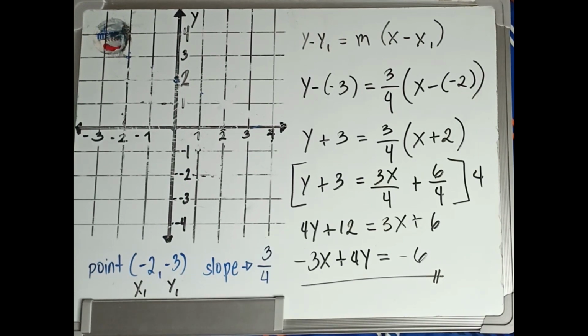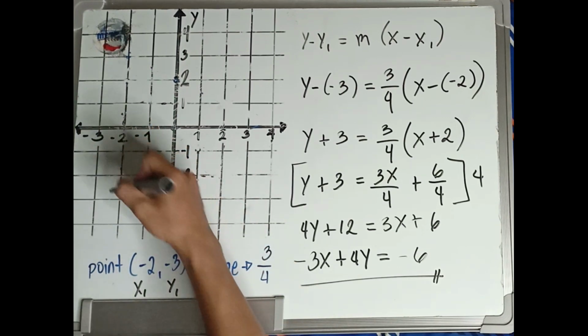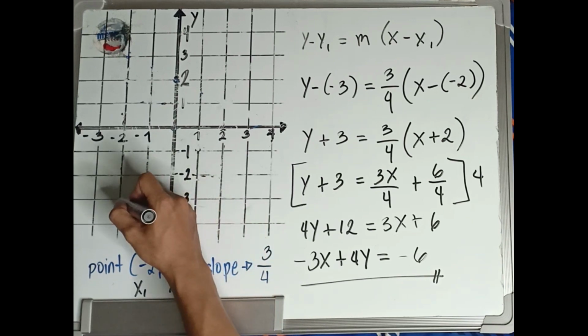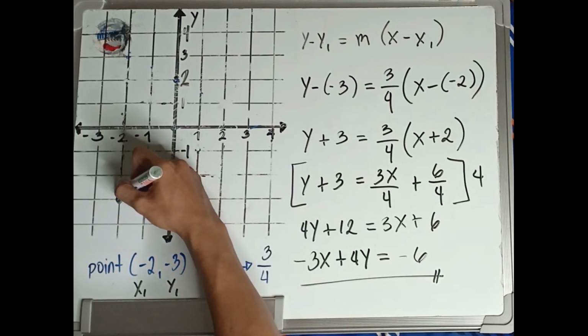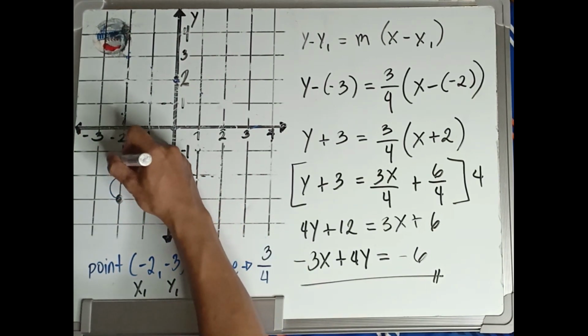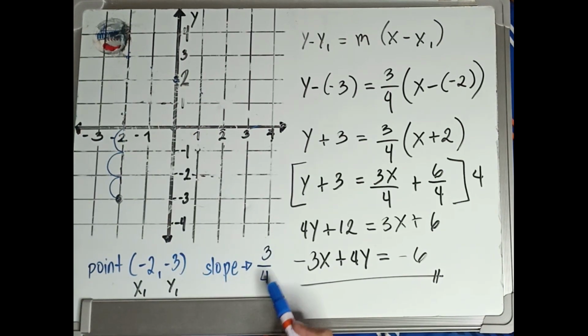Now, for the graph, so the value of x is negative 2. And the value of y is negative 3. So, the point will be located at this region. Then, for our slope, we have a rise of 3. So, we will move upward 3 times. 1, 2, 3. And then, for our run, that is 4.